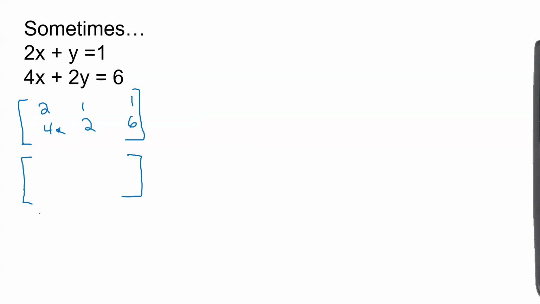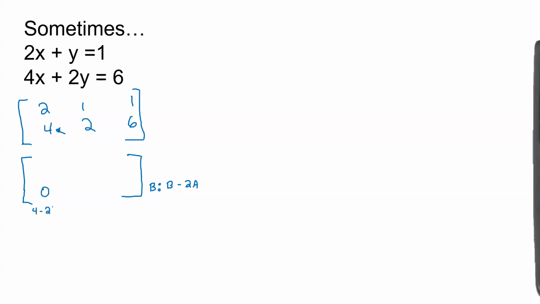So what I'm going to do is take, for the new B row, let's take B minus 2A. We'll take the 4 minus 2 times 2, and sure enough, that gives me a 0 right there.